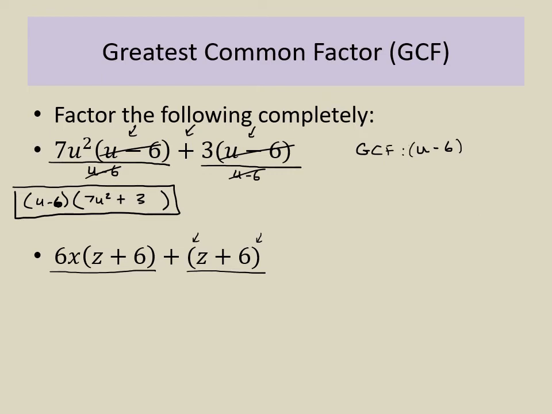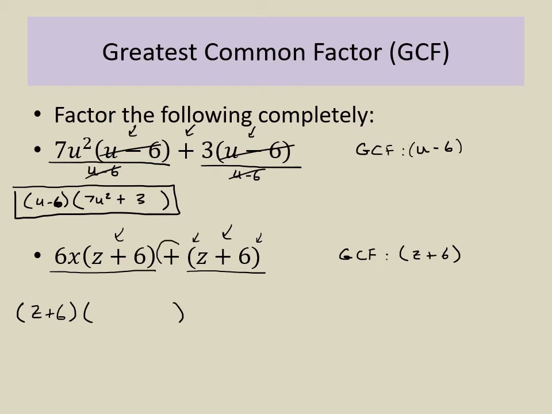So let's see what happens when I do that. Because I recognize that those two are common, I can factor out the whole z plus 6. Then once again, I can open the parentheses and see what I have left.